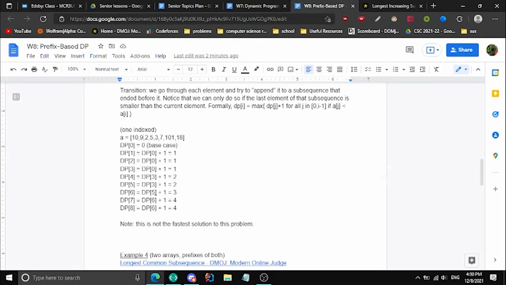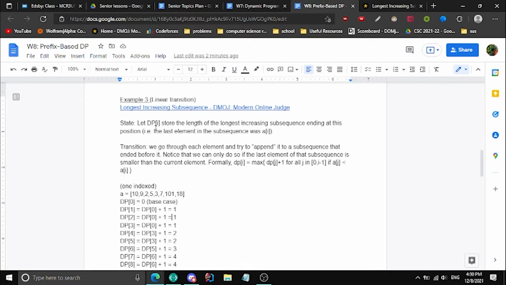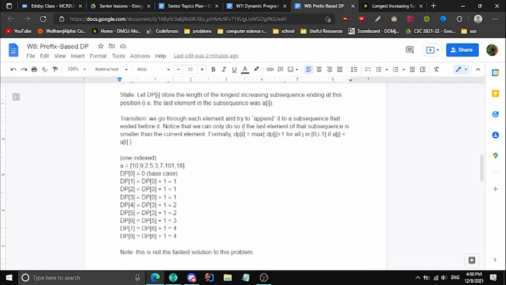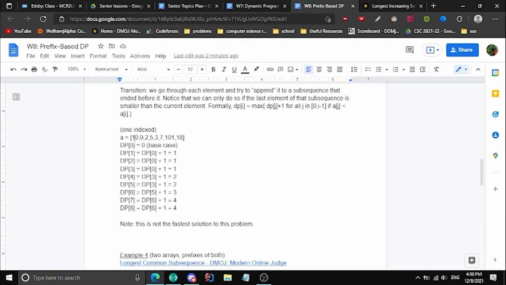We can see why this is true. Recall that dp at i stores the length of the longest increasing subsequence ending at that position. If we look at the subsequences ending at 5, we see that 2, 5 is a subsequence, and that has length 2. Hopefully that makes sense. For dp at 5, that's going to be element 3.